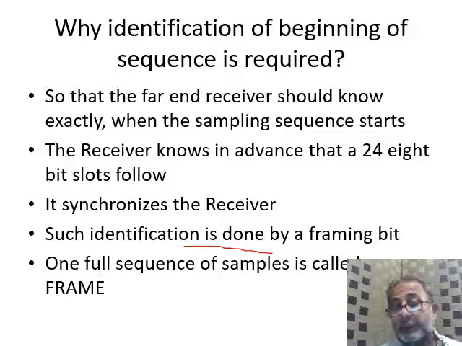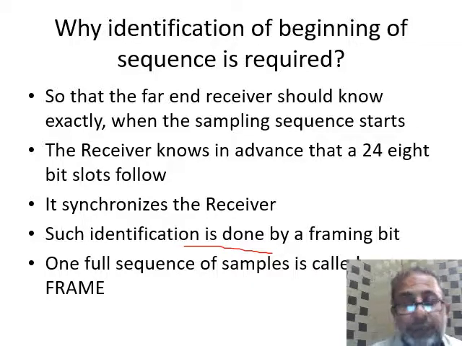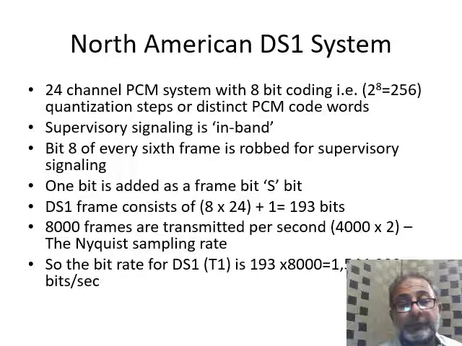Let me tell you, this framing bit is in addition to the 24 time slots that we have been talking about earlier. One full sequence of samples is called a frame. Let me remind you that we are talking about the North American DS1 system, not the E1 system which is used in Europe.